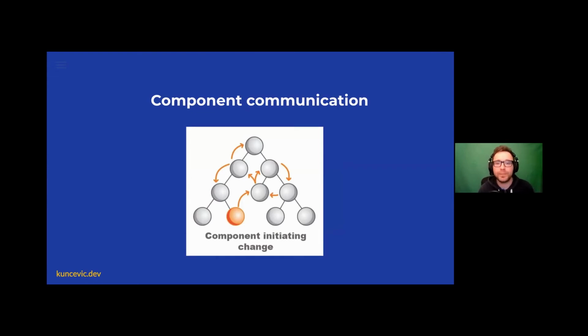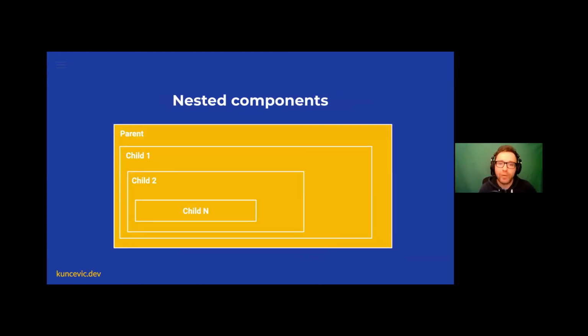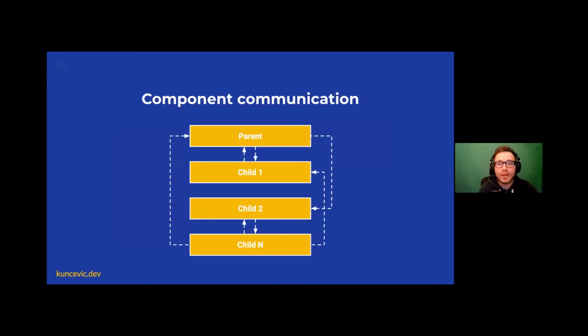So as developers, we want to solve this problem as efficiently as possible. Normally, our apps have a nested component structure like that. Components within the structure interact with each other, the way the data changes and flows around. So yeah, the component communication can get really crazy.